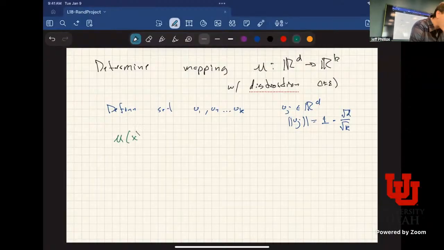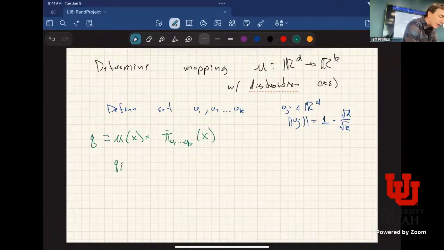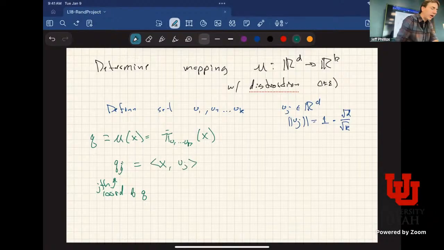Mu of X is going to be this pi of U1 through UK, the projection of X onto this sort of subspace. So this is going to give me a value Q, and it's going to work as follows: QJ, the jth coordinate of Q, is going to be defined as just my input X dotted with Uj.